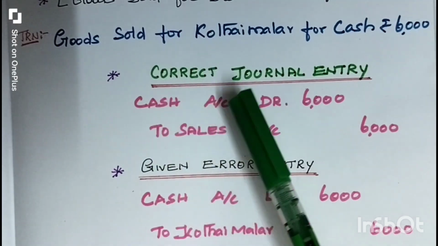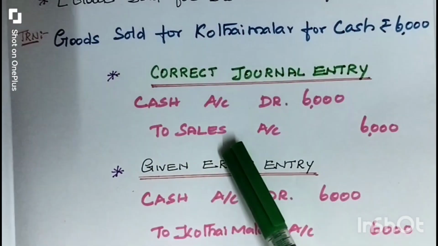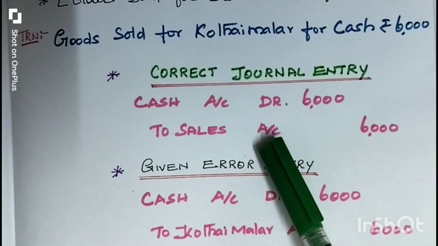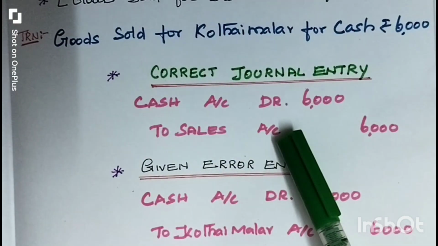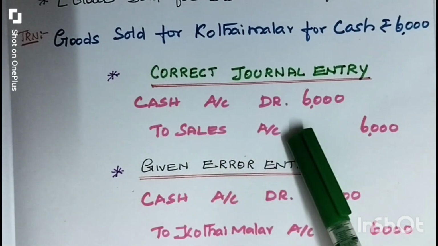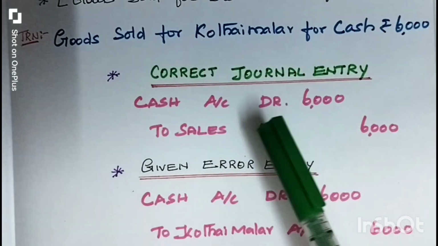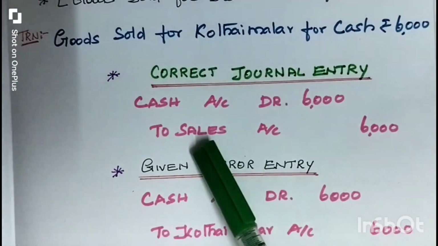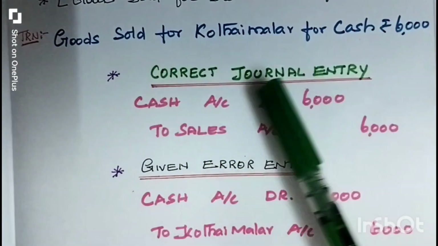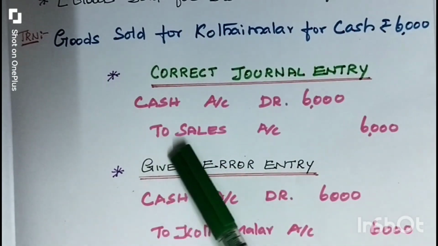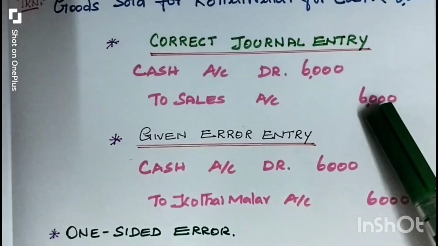Whenever you generate sales in your company, the revenue account increases. Whenever the revenue account increases, you credit it, which means you credit the sales account. So the correct journal entry is cash account debtor 6,000 rupees to sales account 6,000 rupees.